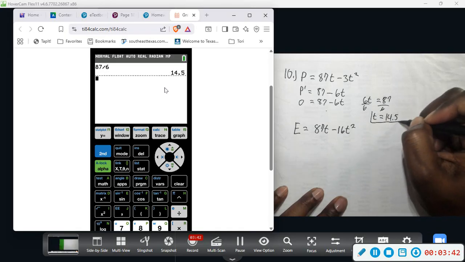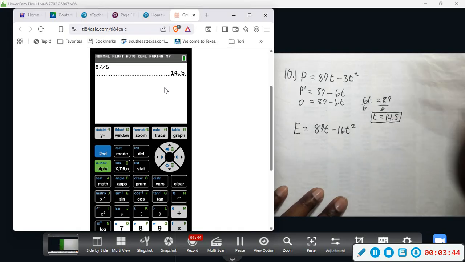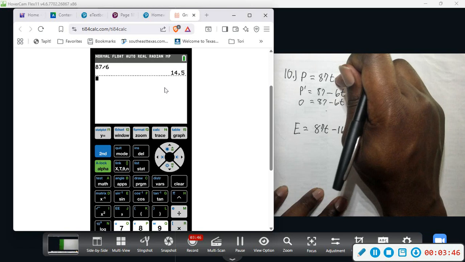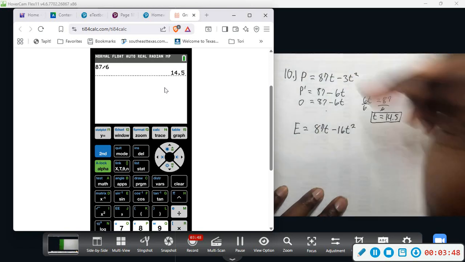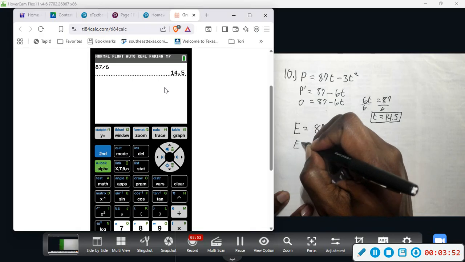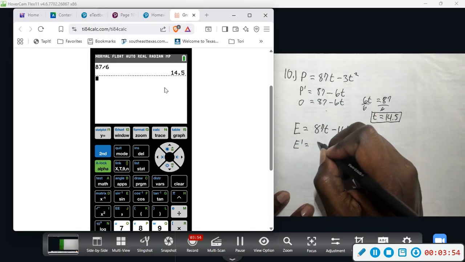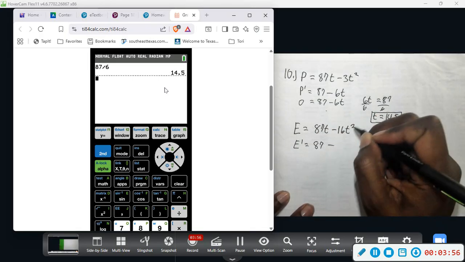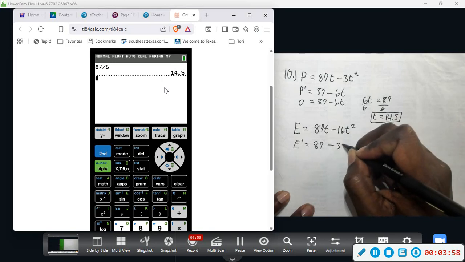So I'm going to take this 14.5 seconds, plug it in, and that'll give me the maximum height on the other planet. Same thing here, I'm going to find the derivative. So I'm going to say e prime. It's going to give me 87 minus 32t.